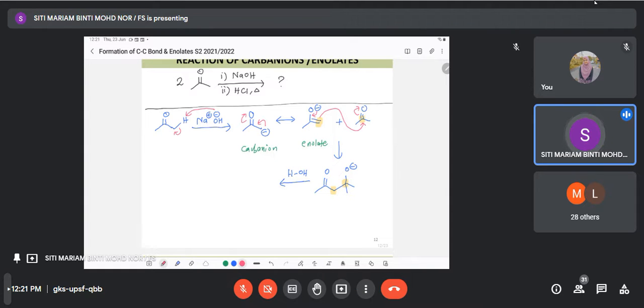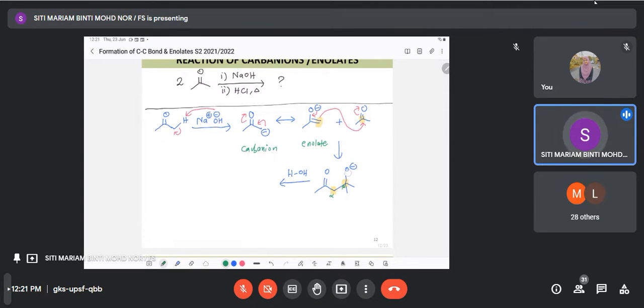Okay, so what will happen next? Because your product here from the first step must be a beta hydroxy ketone. So what you see, this is already your ketone. The carbon next to C double bond O is carbon alpha. Next to carbon alpha is carbon beta. So if we label it, this is carbon alpha, this is your carbon beta.